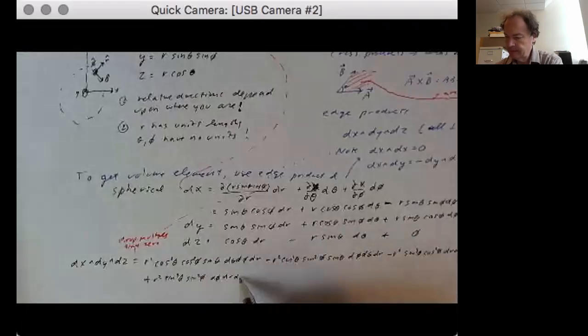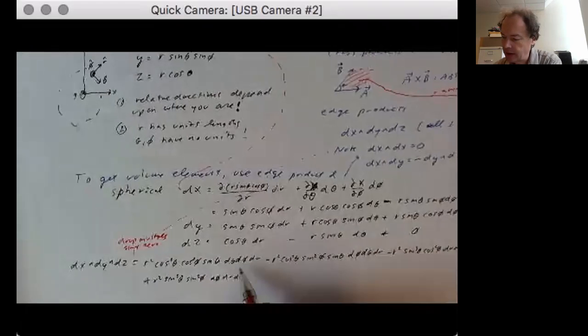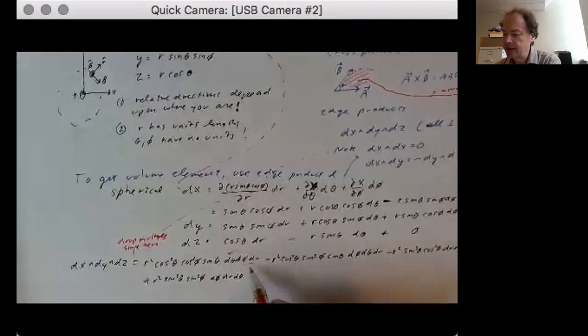Now, before I combine these, note that this thing right here, if I rotate it around, is equal to dr d theta d phi. But for this one here, in order to get dr d theta d phi, I have to actually swap two.